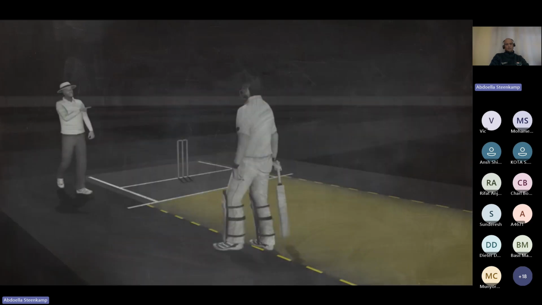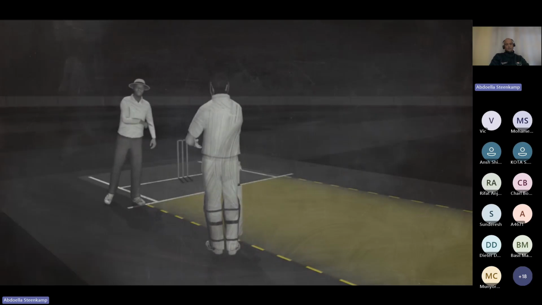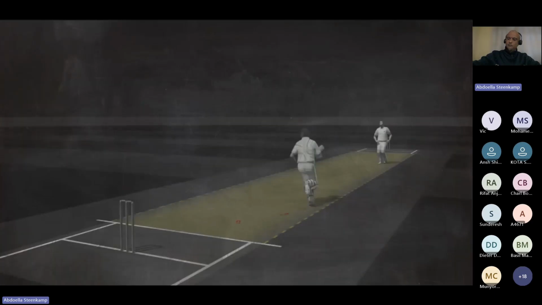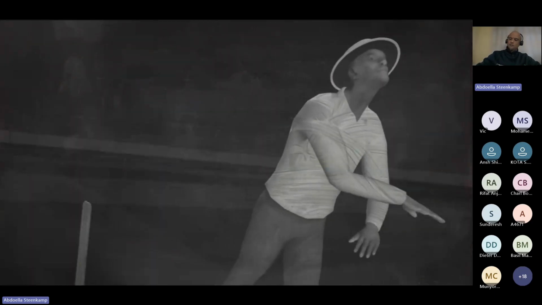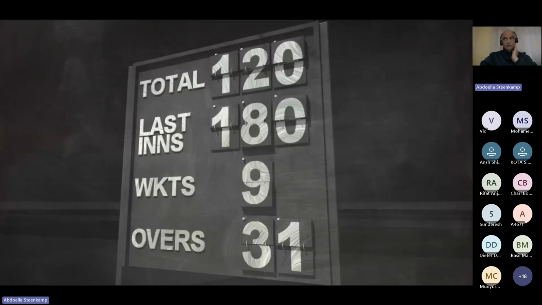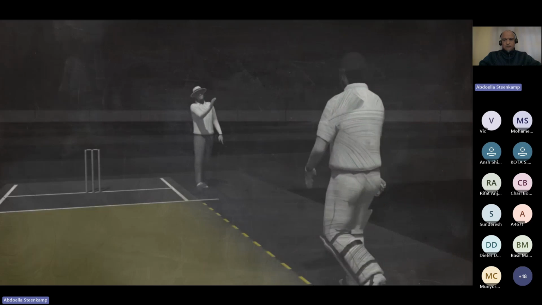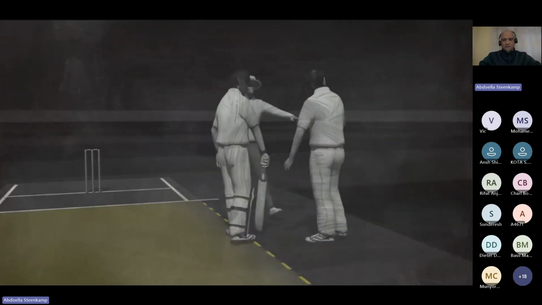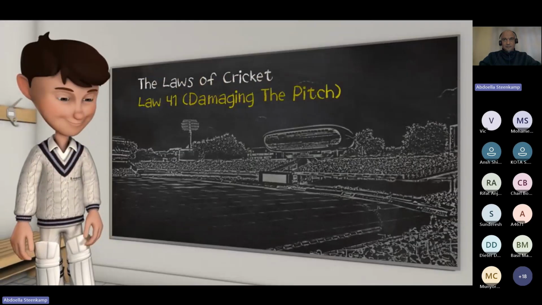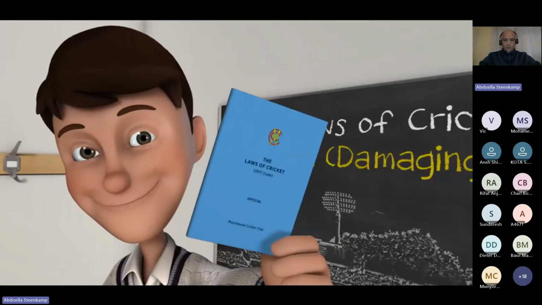This warning will apply through the innings and each incoming batsman will be warned. Should this happen again, the umpire will disallow all runs from that delivery, other than the penalty for a no ball or wide. Furthermore, the umpire will award 5 penalty runs to the fielding side, return the batsmen to their original ends, inform both captains, and the offending player may well face disciplinary action after the match. If you're in any doubt, refer to Law 41 in the Blue Book.